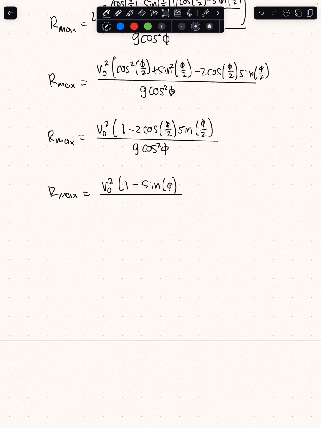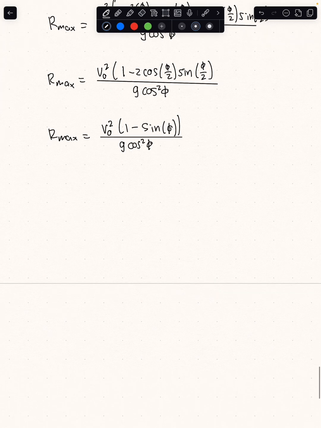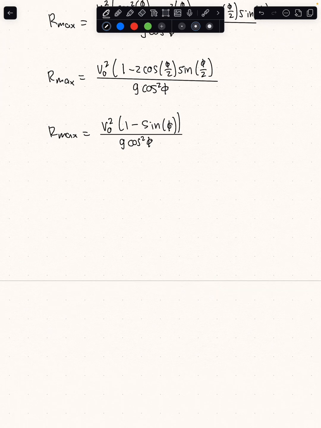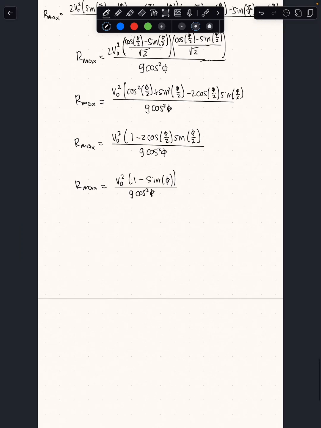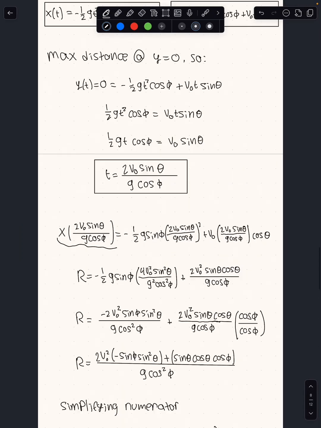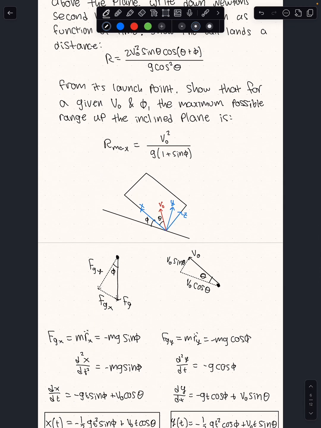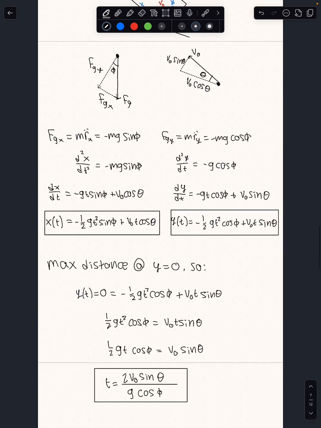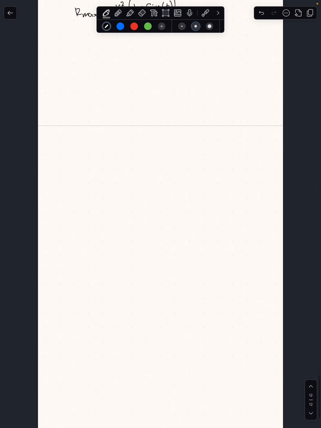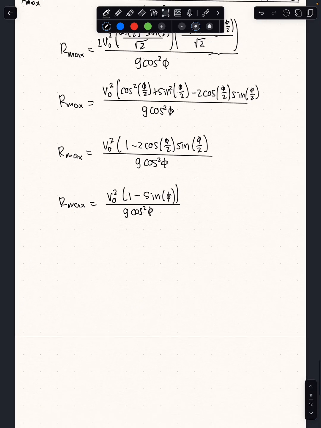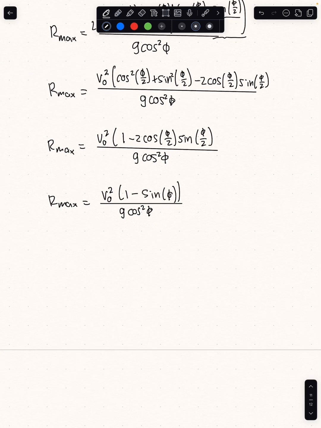How nice is that? And what is our solution up top? We're looking for V naught squared by itself divided by g times 1 plus sine phi. This is perfect.